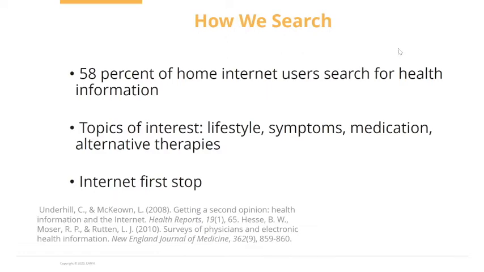We might be looking up information on lifestyle changes, like increasing exercise, eating healthy. We might look up a symptom we have, like a headache and muscle aches, and try to do some self-diagnosis. If we're recently prescribed a new medication, we might look up that medication to learn a little bit more about side effects. And also we look up information on alternative therapies such as acupuncture.